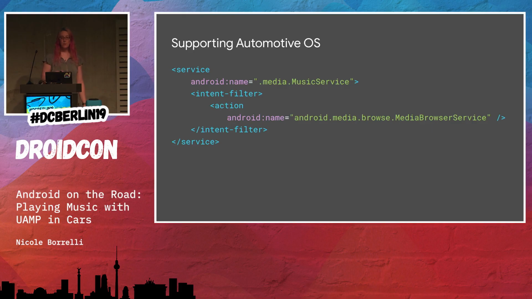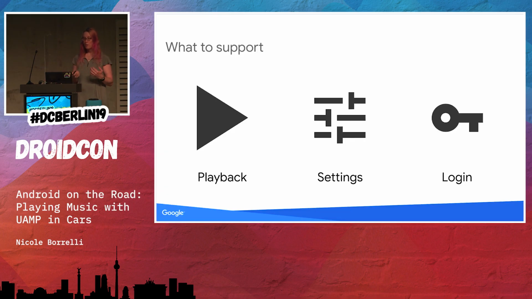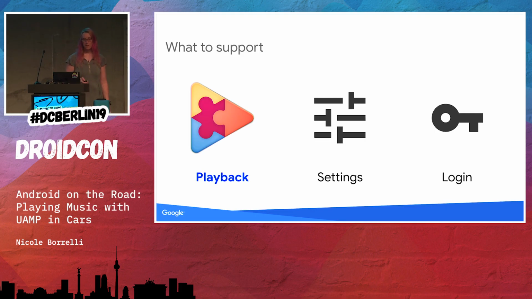What I did need to do is create an automotive module and set the feature flag in the manifest. At this point, we need to support 3 different things: playback, settings, and login. So we'll go through a few of each one of these in turn.